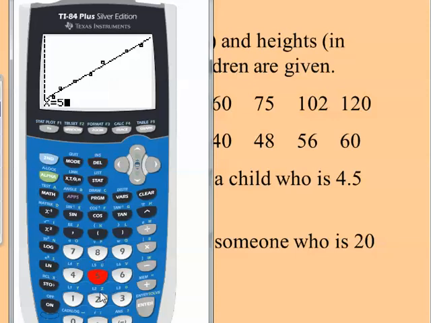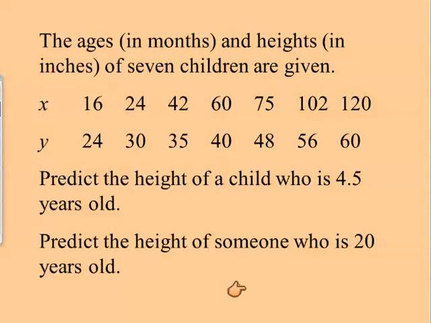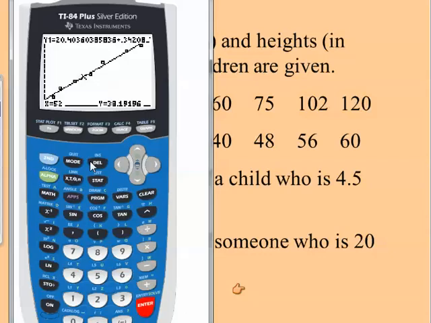At 52 months, it gave it to me: 38.19. We're basically 38 inches high. Now it says predict the height of someone who is 20 years old. Well, we could do that too.